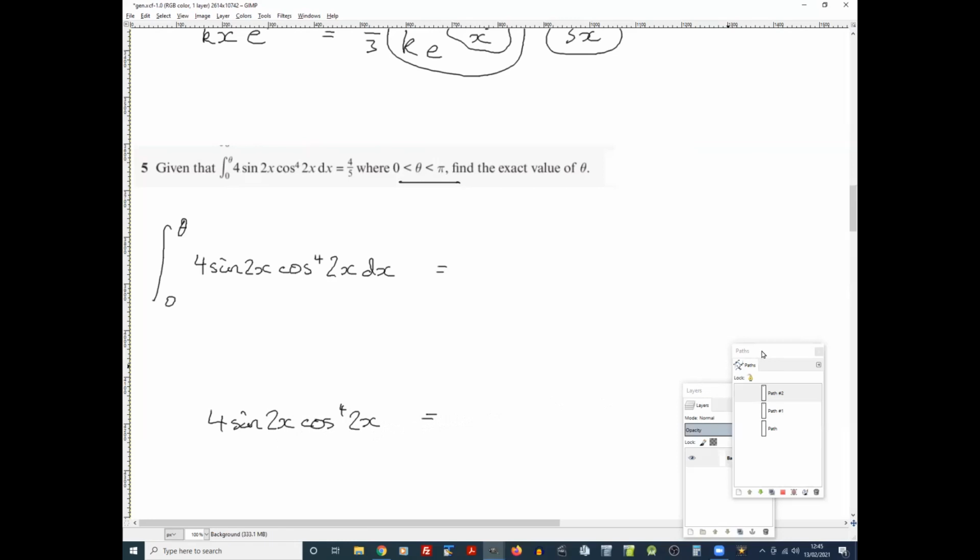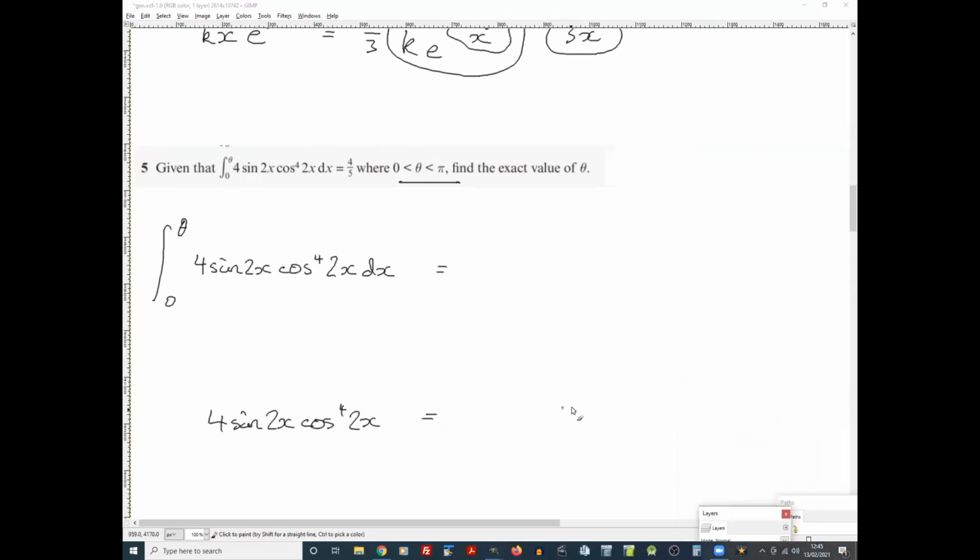The inner function is... So you're saying there's a composite here with an inner and an outer, and the inner would be 4 sine 2x. No, bad luck.